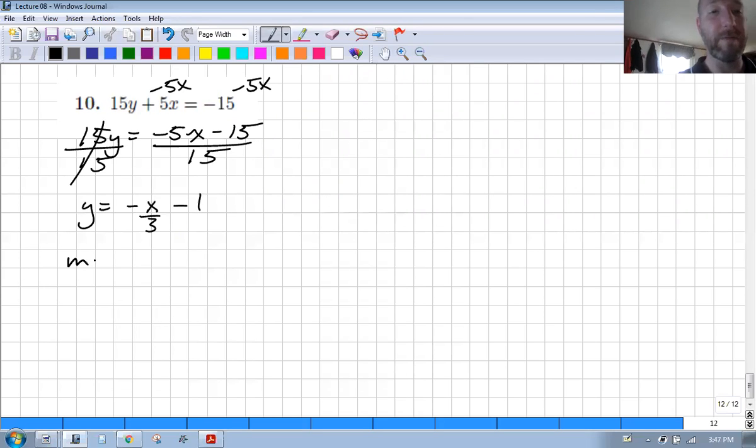So what is our m here? Would it be 5? What are we multiplying our x by? No, here's our x: -x/3. That's the same thing as -1/3 times x, right?